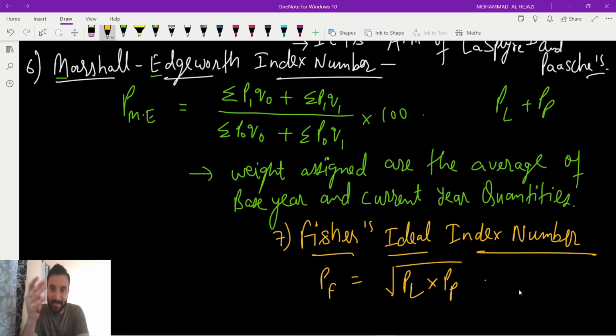Fisher is the square root of PL into PP. Marshall is numerator of PL plus numerator of PP, over denominator of PL plus denominator of PP. That's it. Understand the formula, otherwise you have to memorize lots and lots of formulas, which is not good.